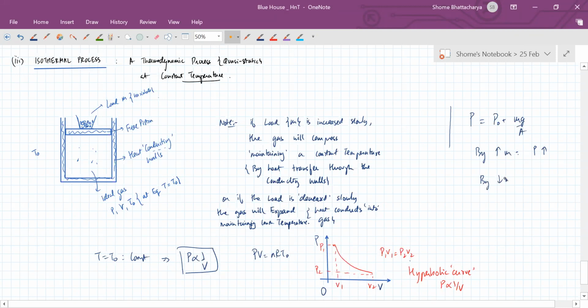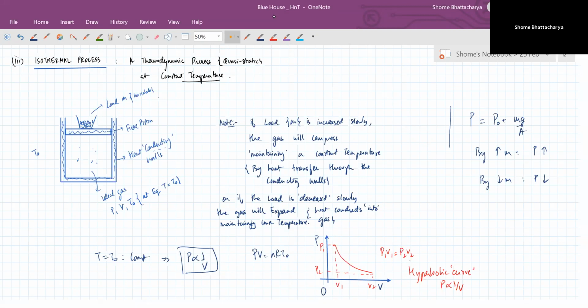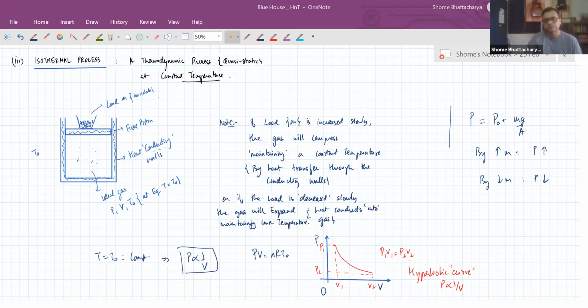By decreasing the mass, pressure is decreased for the gas. Understood, Samarth? So that is first and foremost something important.